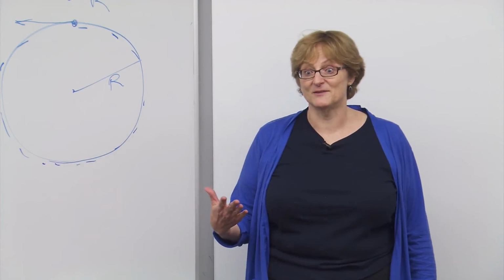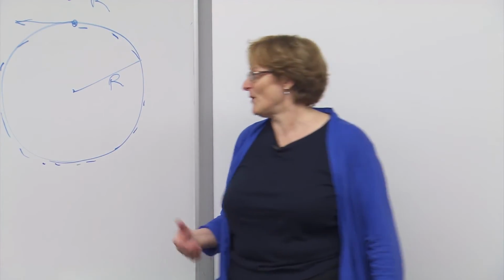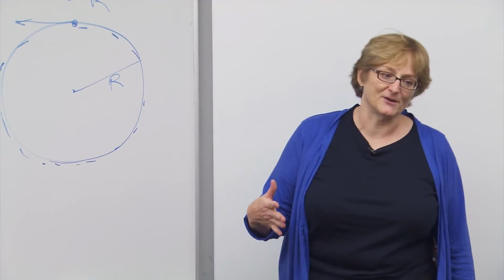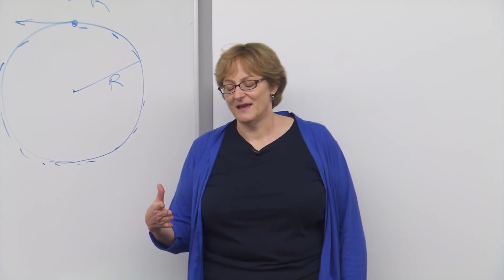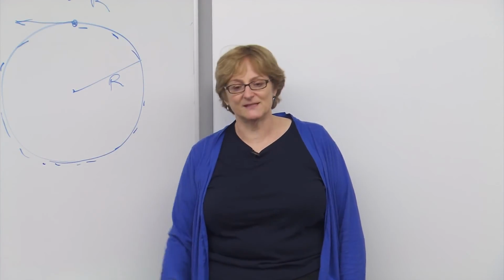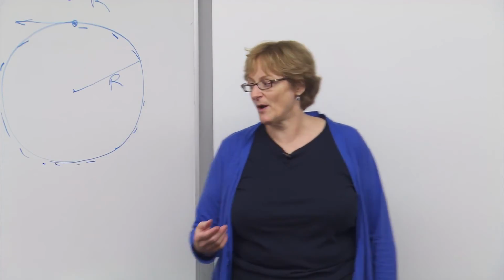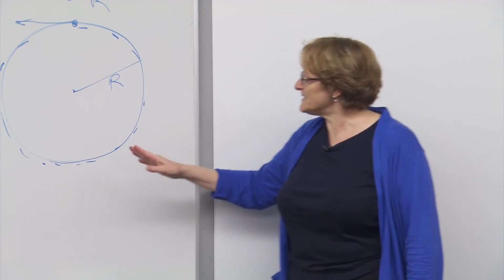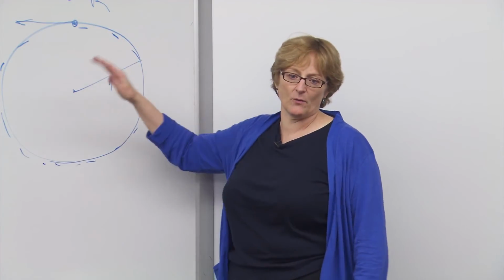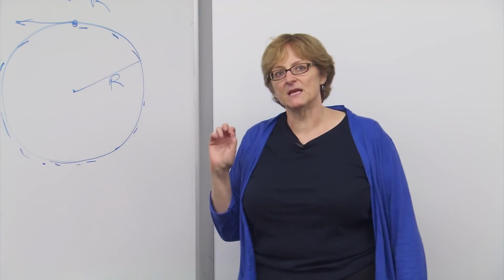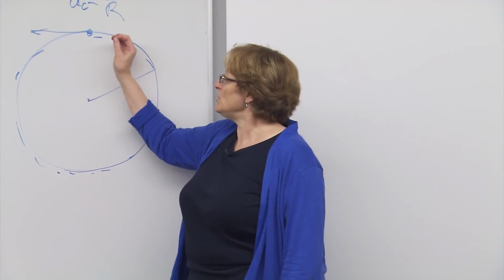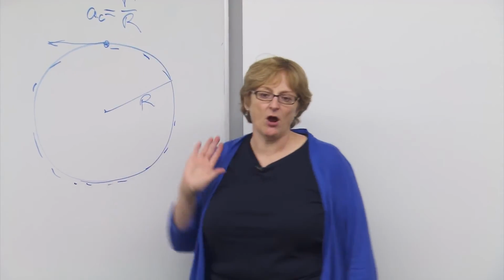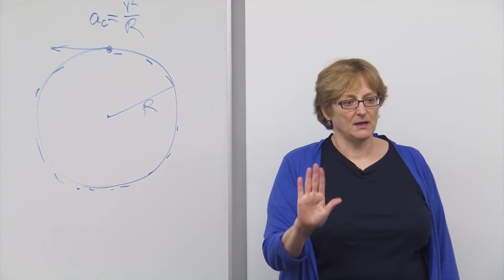Let's analyze why that is. Well, we'll have to leave some of it for later, because we have to get to Newton's second law in order to do this problem properly, but we'll remember to come back and do it then. But the point is that as it speeds up going around, the wall pushes harder and harder against you as you speed up.